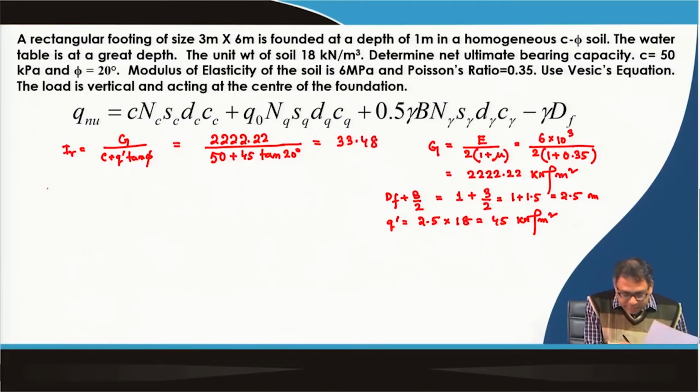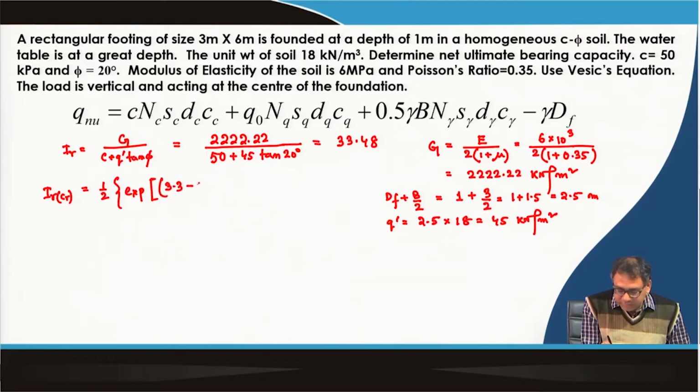Now, I will calculate the IR critical, which is half, then EXP of (3.3 minus 0.45 B by L) into cot of (45 degree minus phi by 2).